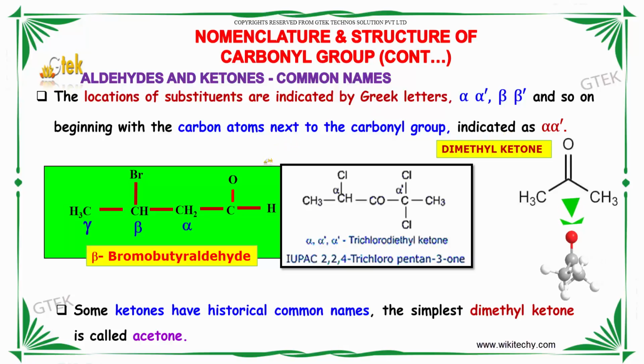Some ketones have historical common names. The simplest, dimethyl ketone, is called acetone. This is the ketone group here. The carbon directly linked to this ketone group is known as the alpha carbon, and this as the beta carbon, and so on. Since the bromine is attached to the beta carbon, the name of this compound will be beta bromobutyraldehyde.